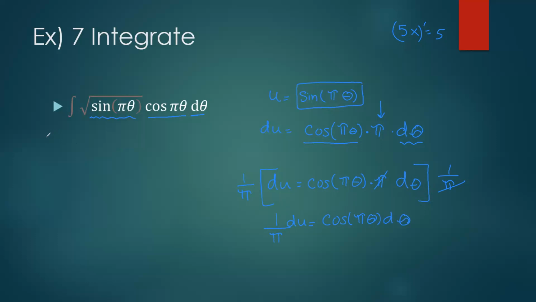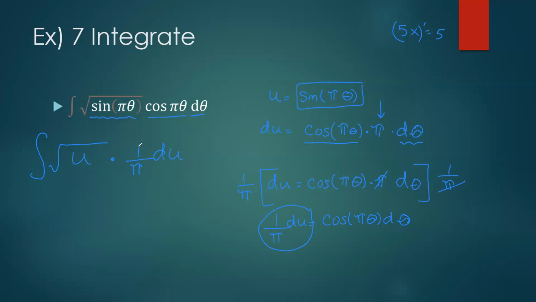Okay, so it's going to be the integral. Replace sin pi theta with u, and replace cosine pi theta d theta with the whole thing, 1 over pi du.